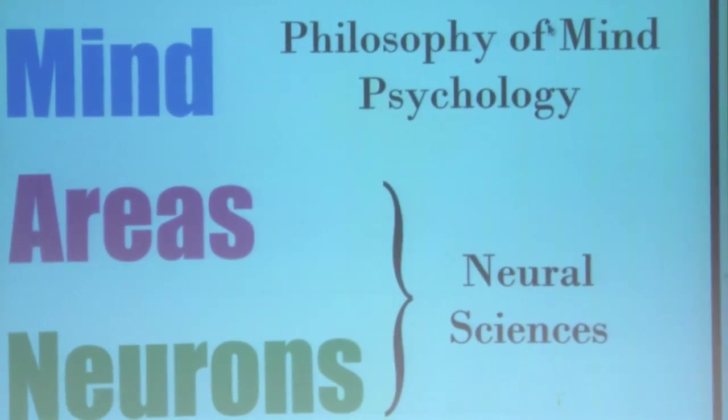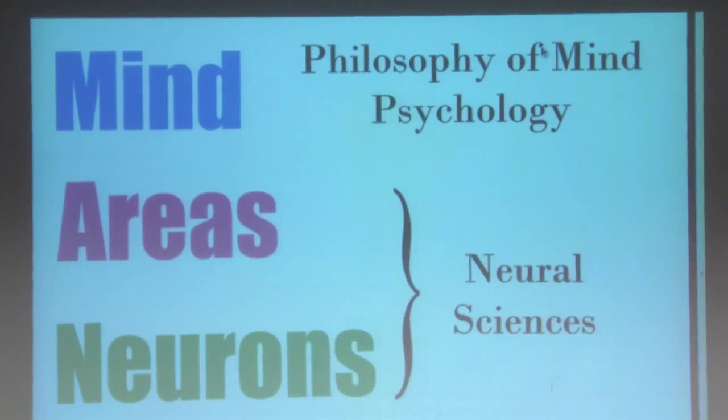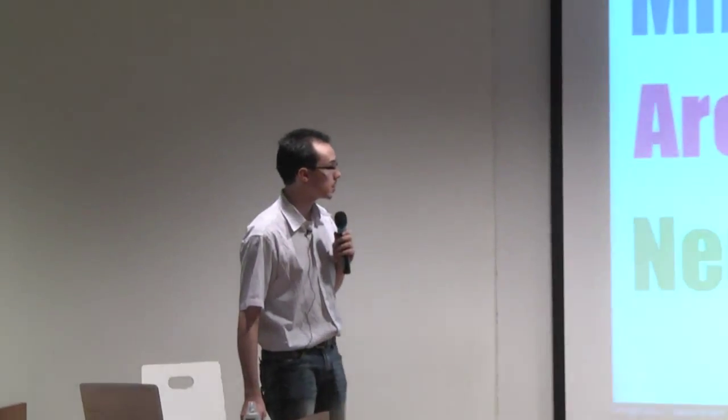There have been people already studying the mind since ancient times, like philosophers and psychologists, and there have also been people studying neurons and the biological networks since almost as long. Of course, it was more difficult before the microscope was invented.